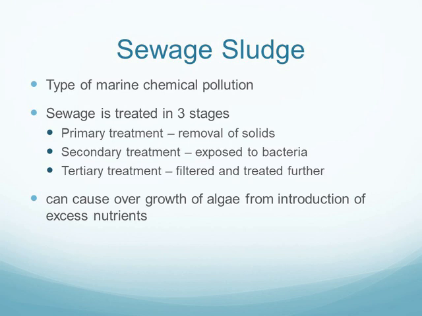And then secondary gets a little bit more expensive, and then tertiary is the most expensive out of these 3. But if you were to create drinking water from sewage, that would be the most expensive. And so typically that's not done.